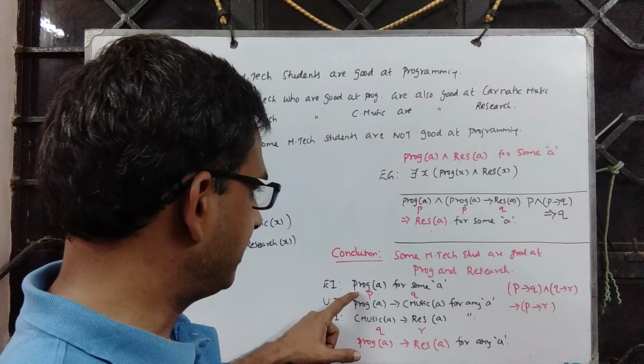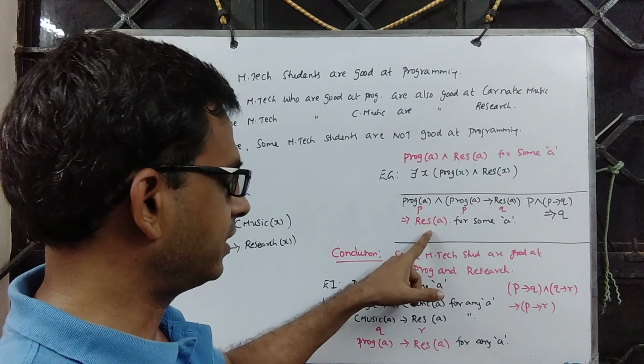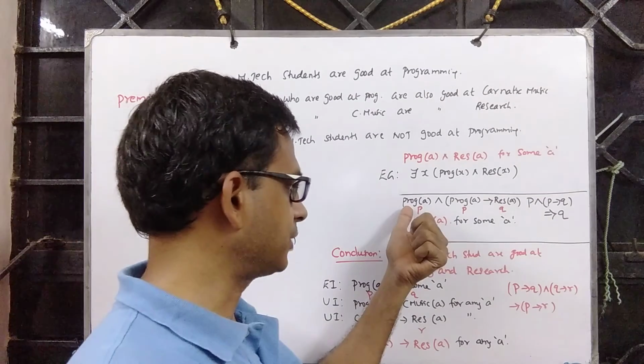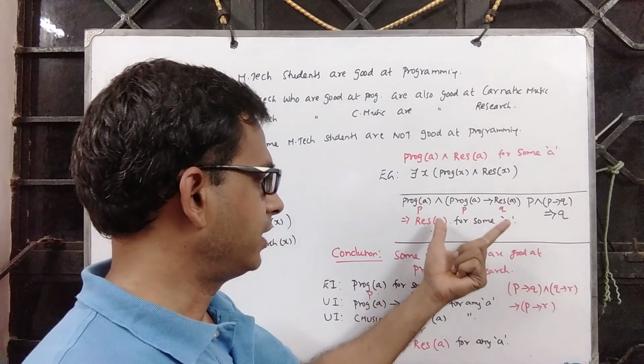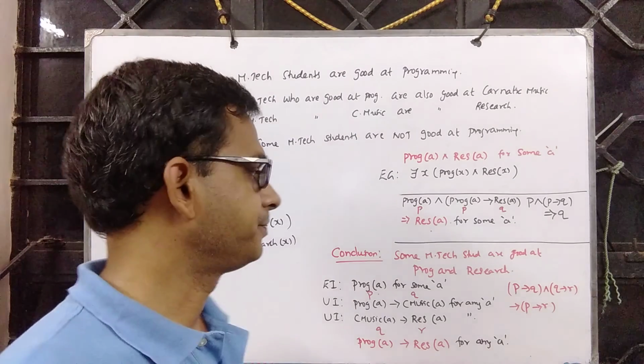Now when you take this and this, you can conclude it is research of A. Please note, because this one is with respect to some, the entire expression is with respect to some.